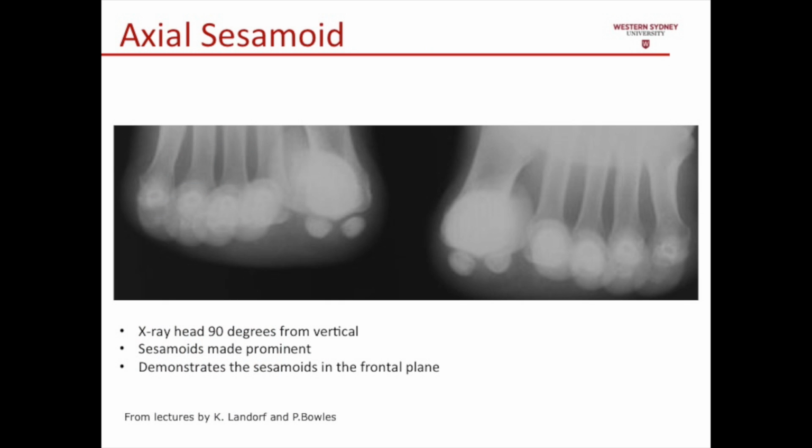In this slide we can see a typical image that would be achieved from the axial sesamoid non-weight bearing projection. How can we be sure that this is a non-weight bearing view? Well, we can clearly see that the soft tissue surfaces are convex in nature.